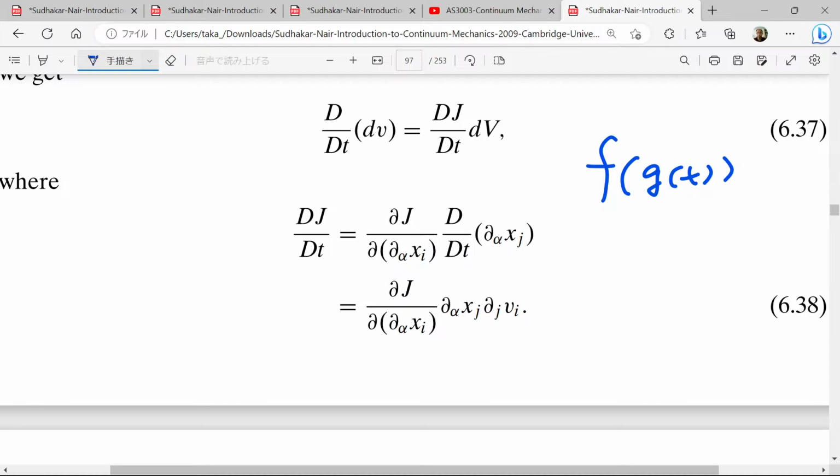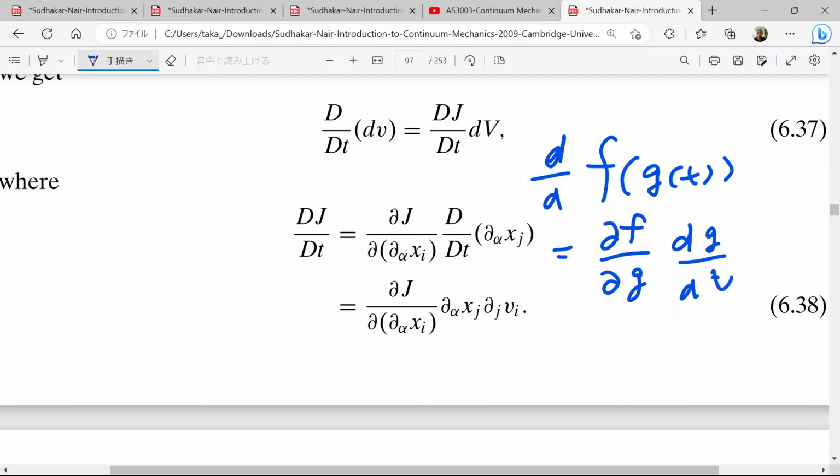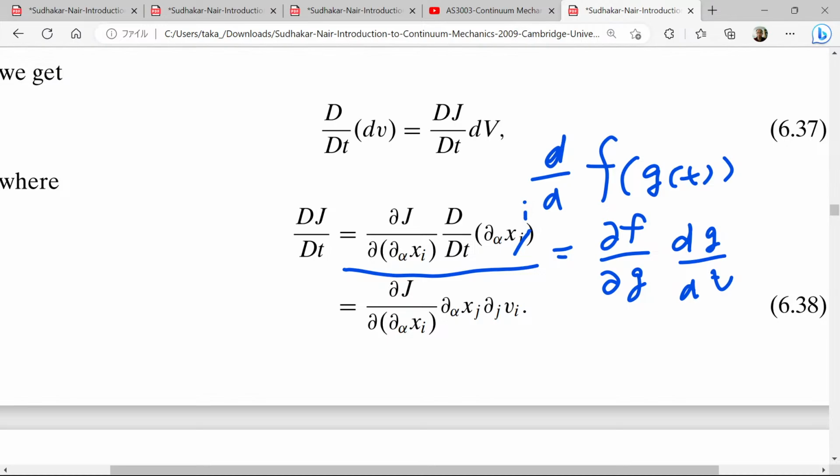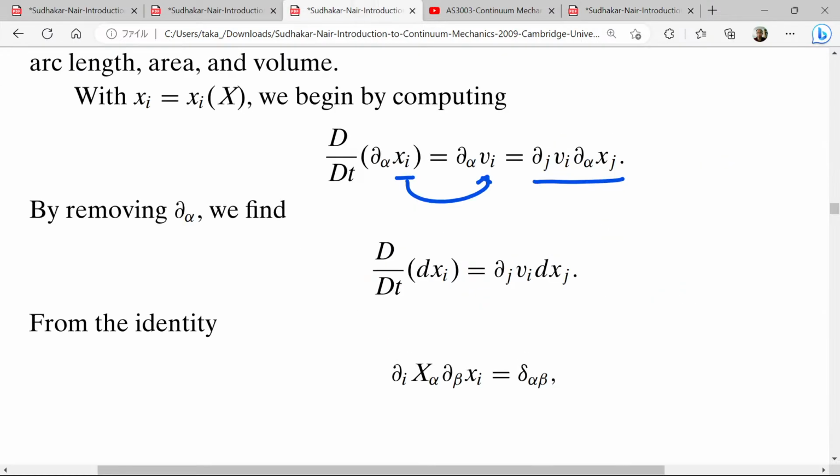Then if you want to take a derivative of this, you can do this partial f partial g, then you take dg dt, right? So it's the same type. You can do this. But then the funny thing is this shouldn't be j. This is I. Then I think it makes it clear.